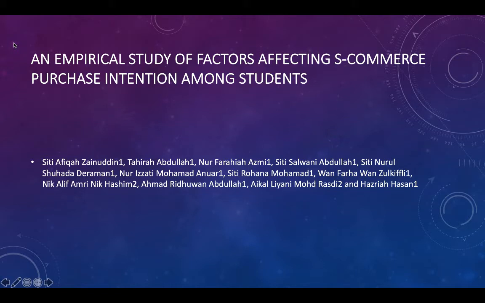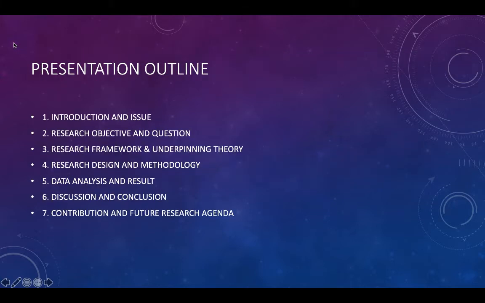Our research team consists of 12 individuals, including senior lecturers and lecturers. Before I go further, let's look at the outline of presentation. It consists of 7 elements altogether. The first one is introduction and issue.